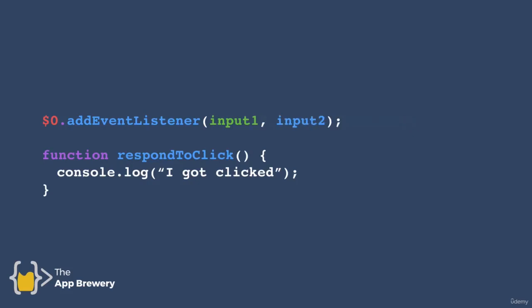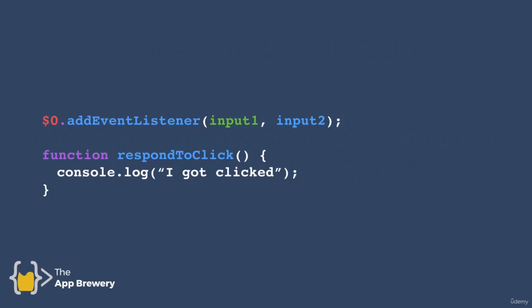So you can see that addEventListener is taking two inputs. The first one specifying what event it should listen to, and the second one specifying what it should do once that event gets detected. Now, this is a little bit different from the functions that we've seen so far, because instead of just passing in strings or numbers or other simple data types, we're actually passing in a function as an input.